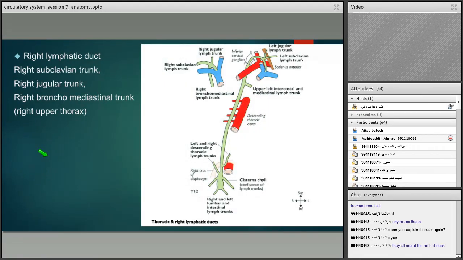But the other branch is the right lymphatic duct. Instead of the thoracic duct, we have the right lymphatic duct on our right side.